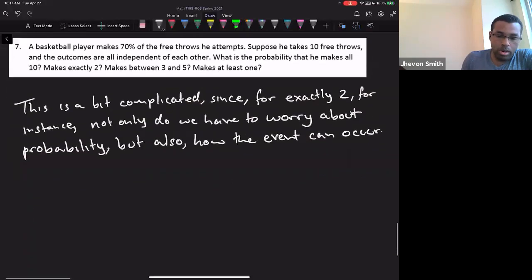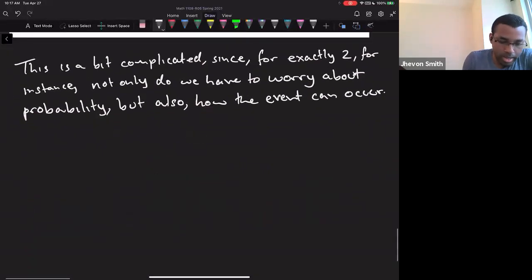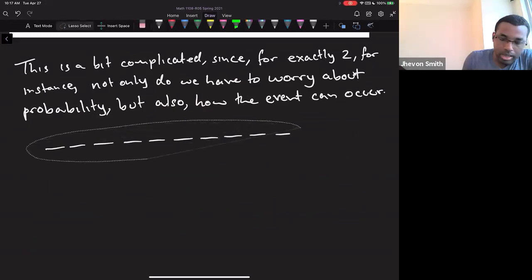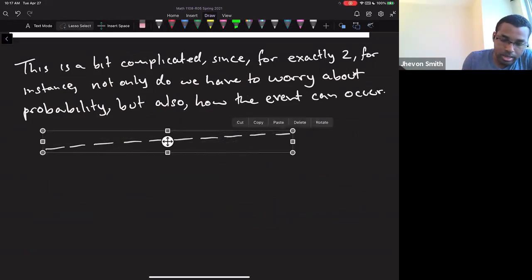Right? Now, what do I mean by how the event can occur? Well, if it has 10 free throws, 1, 2, 3, 4, 5, 6, 7, 8, 9, 10. There are actually a bunch of ways that he can get 2.